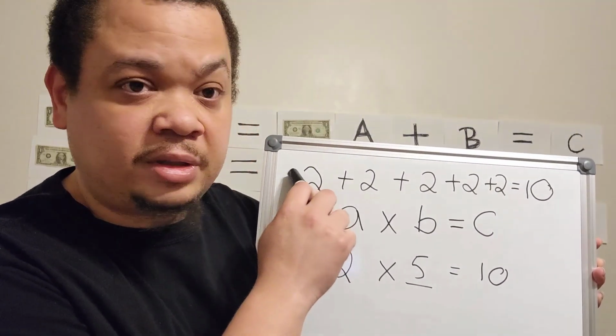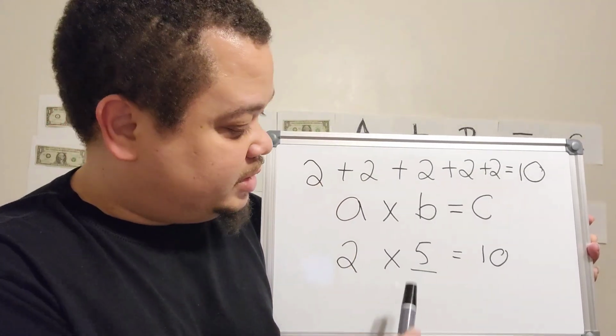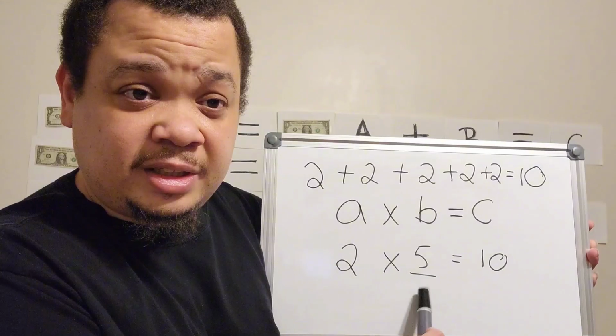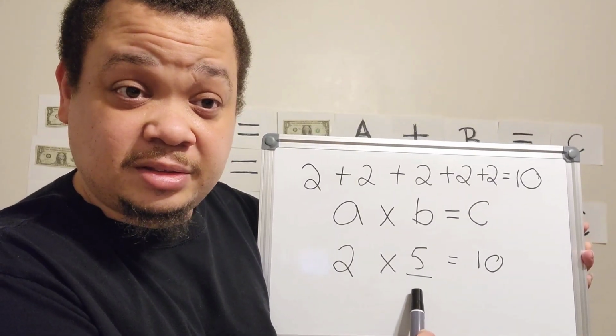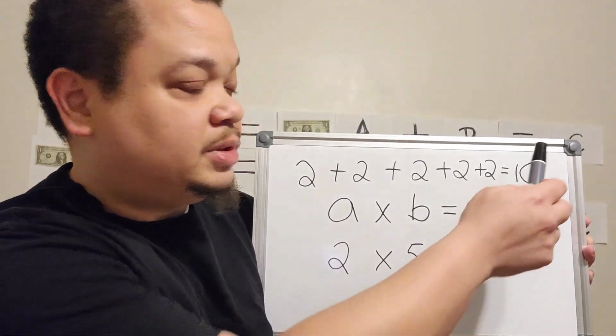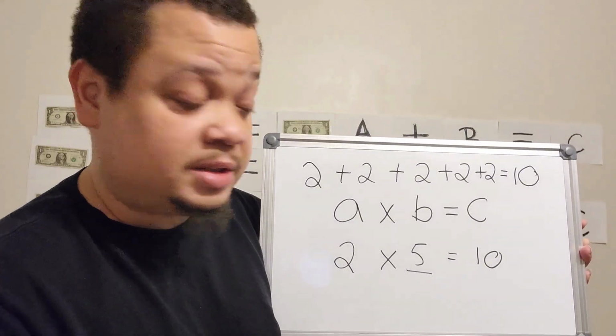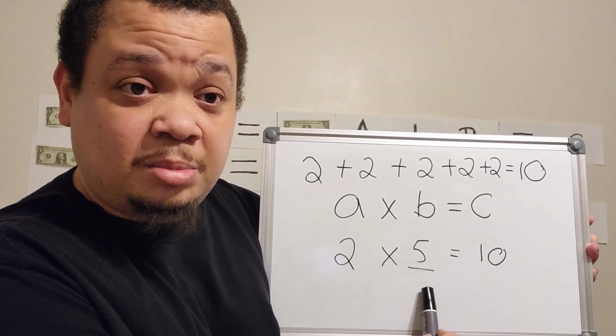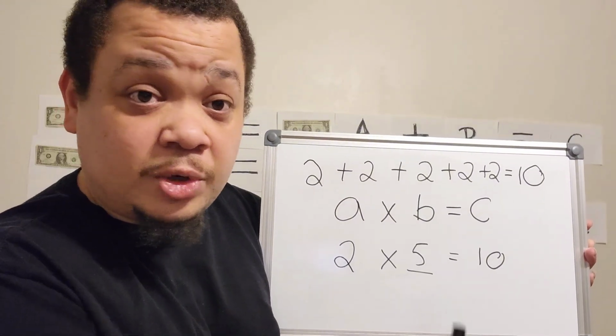Right up here. Is this number anywhere in the original equation? No, it's not. You just see 2's and you see the 10. So this number has nothing to do with the equation.